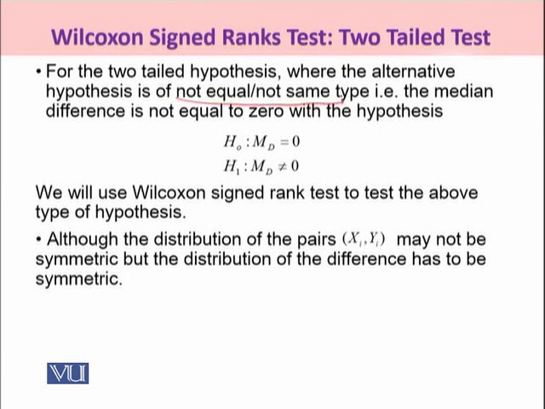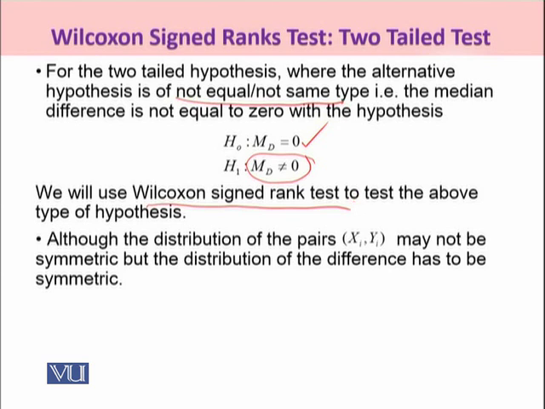So students, for the two-tailed test where the alternative hypothesis is of type not equal, that is the median difference is not equal to 0, the pair of hypotheses is H0 that the median difference is 0 and the alternative hypothesis is that it is different from 0. We will make use of the Wilcoxon Signed Rank Test to test this particular type of hypothesis.